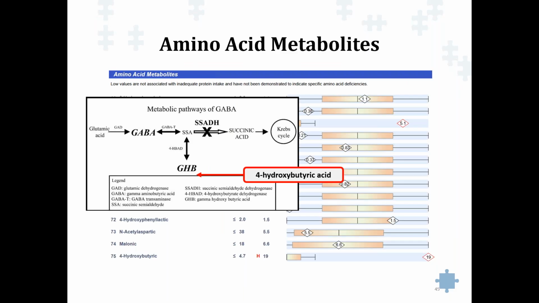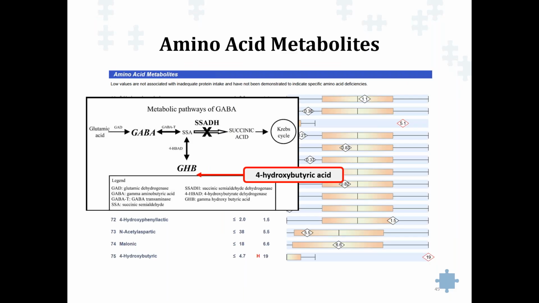There is a genetic disorder called succinic semialdehyde dehydrogenase deficiency. So notice that glutamic acid gets converted to succinic acid to enter the Krebs cycle. And that we need a couple of enzymes in order for that to happen, particularly that enzyme called SSADH, which is our succinic semialdehyde dehydrogenase.